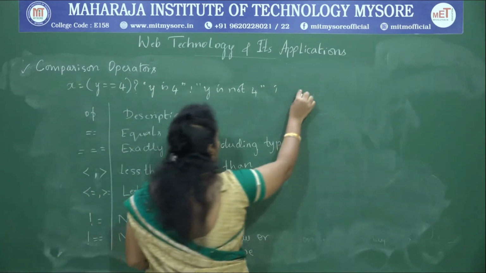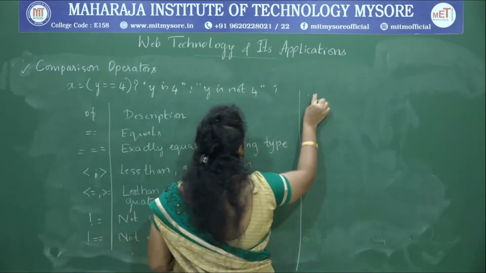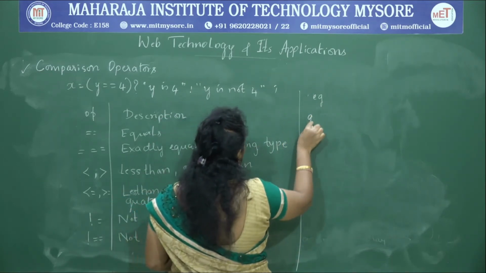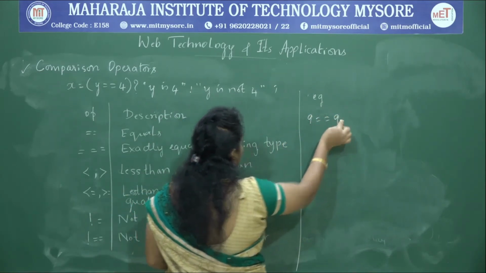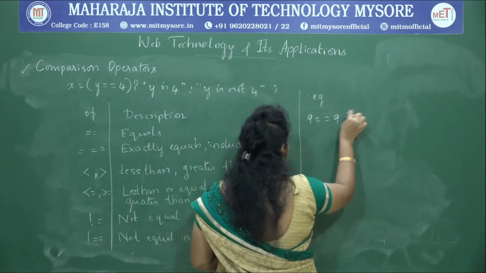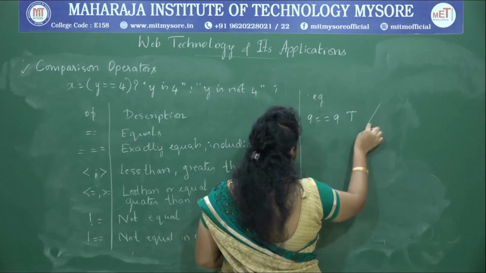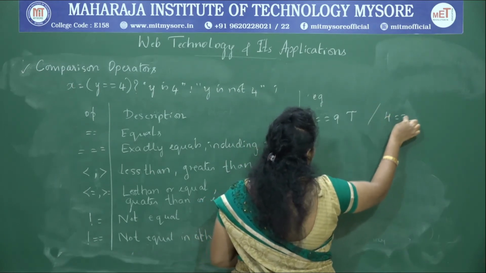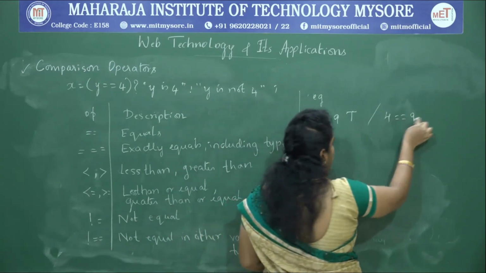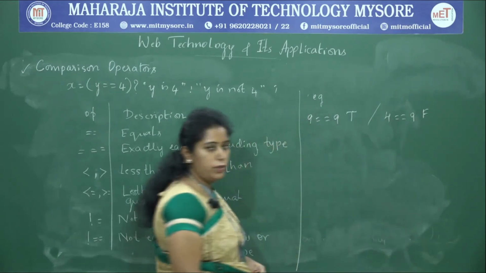For example, I am going to write an example here. Equals. Assume 9 is equal to 9. Whether it is true? Yes, they are true. So next take another example, 4 is equal to 9. Both are same? No, it results to false.